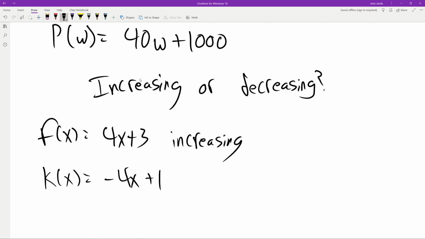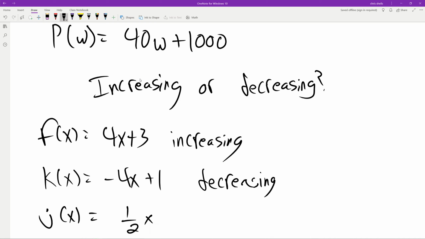Notice that my slope here is negative, so this function is decreasing. J of x equals 1/2 x minus 3.